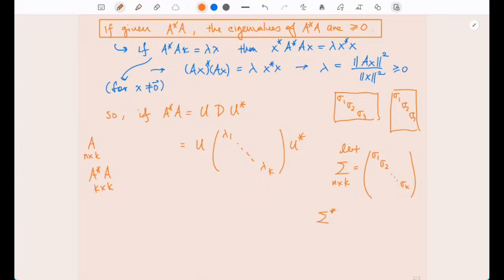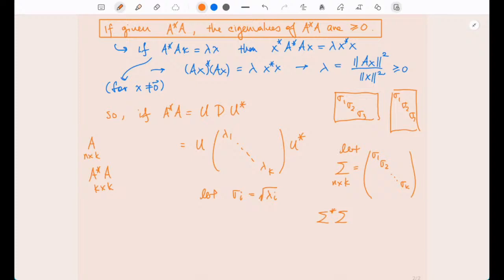So sigma star sigma. Let sigma be the square roots.